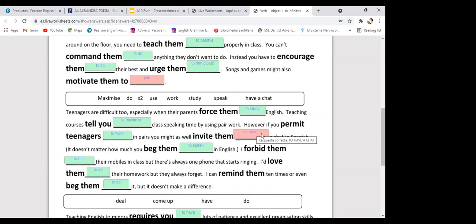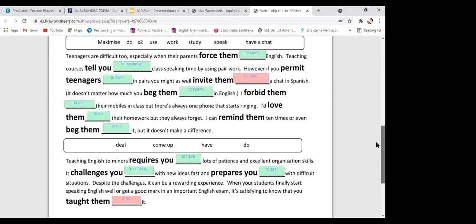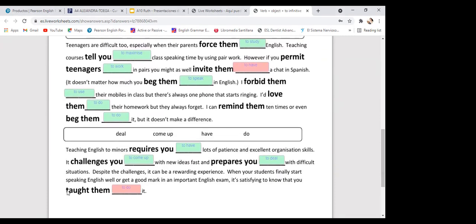To have a chat. Oh no, this one is correct because for some reason they included a chat, but it's already here. So this one is correct. I'm so sorry for that. That was a system mistake. And here, taught them to do it. This one is how to do it. Let's see.